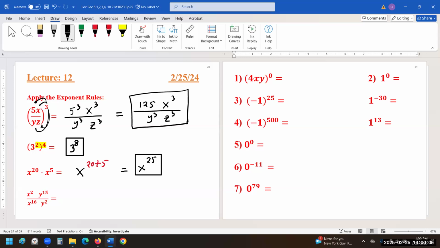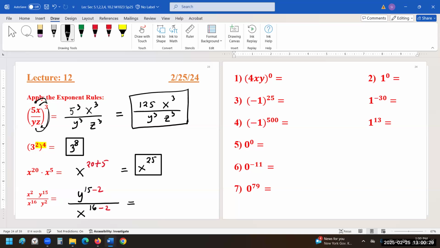Muhammad, the next one. So y is bigger. We keep the bigger y on the top and we subtract the smaller part from the denominator. On the other hand, x is bigger on the denominator. So we keep the big x, but we subtract the smaller part from the top.